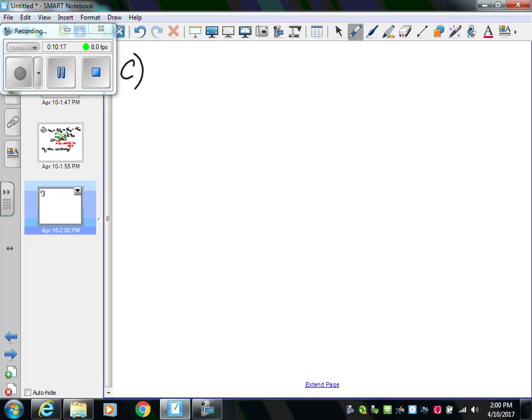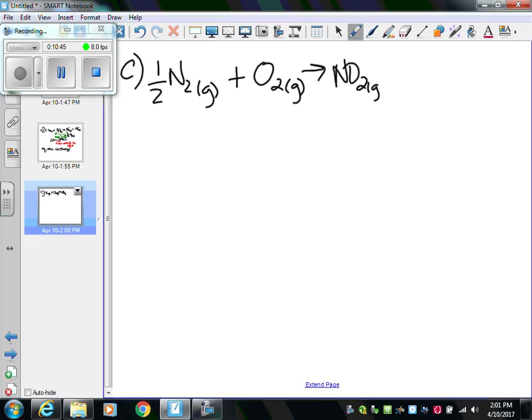So can someone help me out with what C has? No, it's gas. Sorry. Gas, and then arrow, NO2, and then triangle H equals positive 33.8 kilojoules.